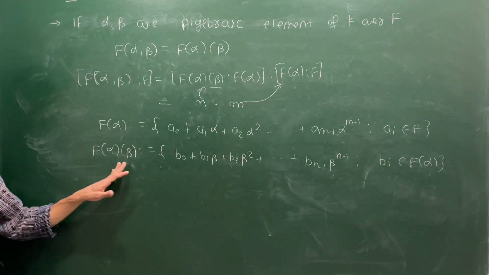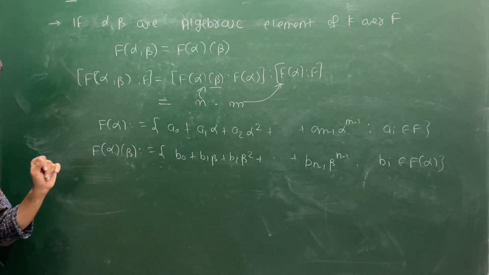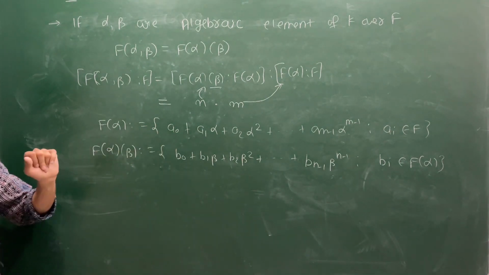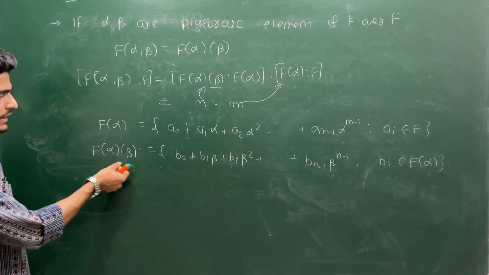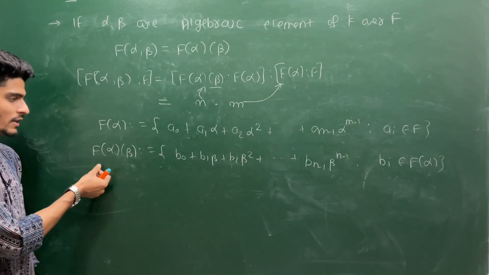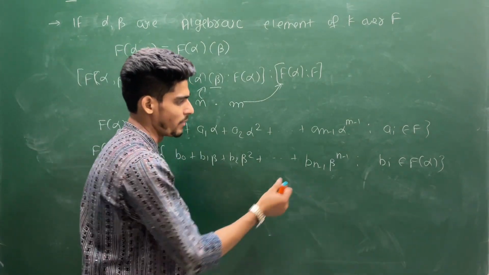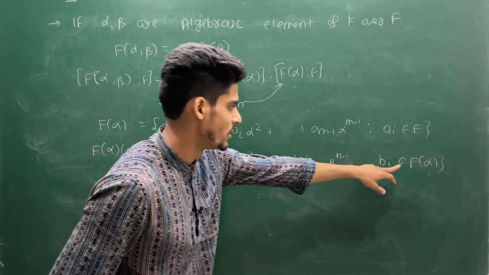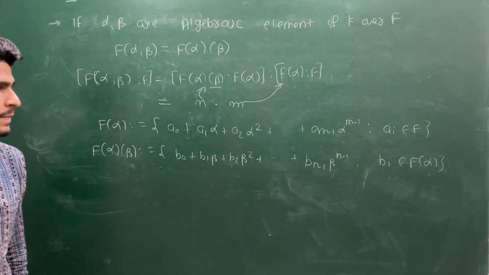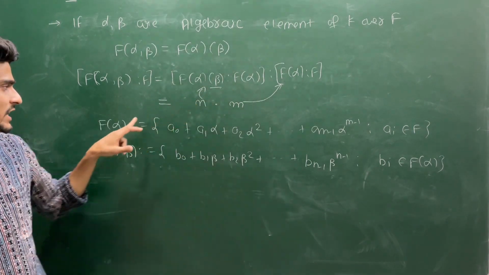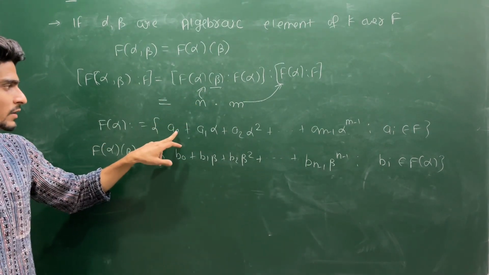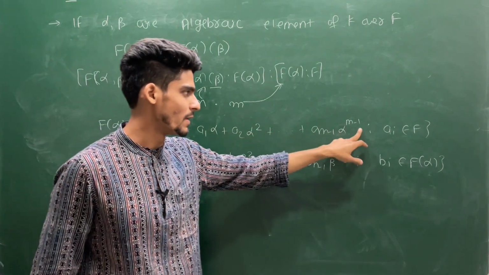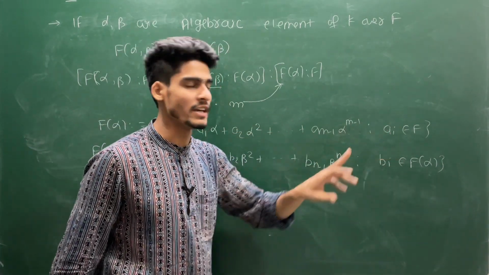Now once you understand this part, you take any arbitrary element of this structure, then it must be a linear combination of 1, beta, beta squared, up to beta to the power n minus 1, where the coefficients come from F(alpha). But each element of F(alpha) looks like a linear combination of 1, alpha, alpha squared, up to alpha to the power m minus 1, where each ai is coming from F.